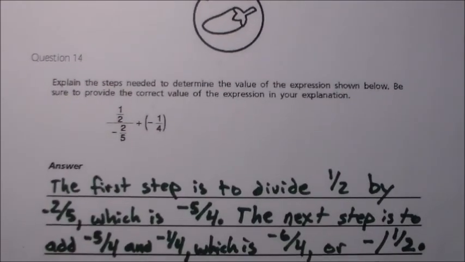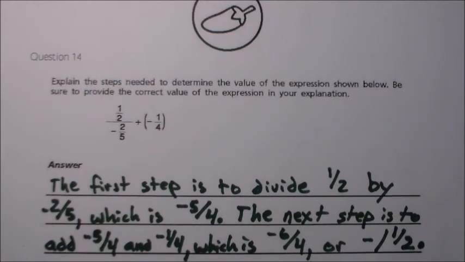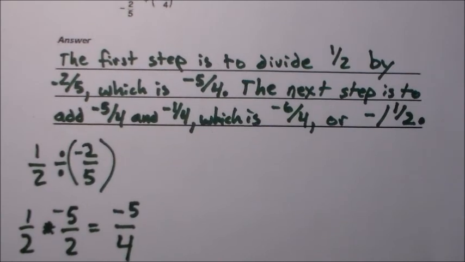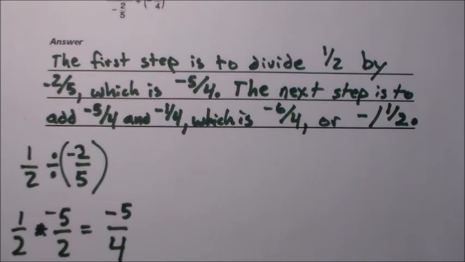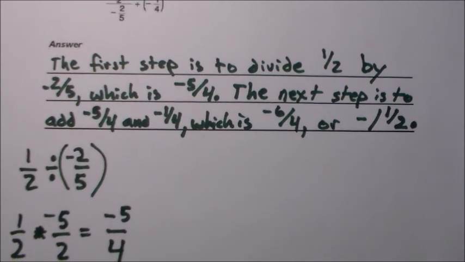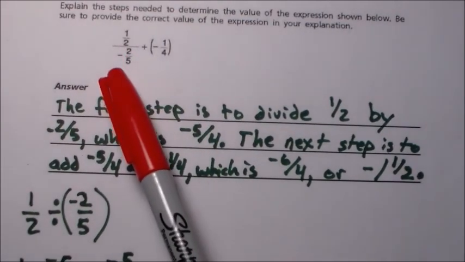The first step is to divide 1/2 by -2/5, and I'll show you how I got the answer, which is equal to -5/4. The next step, now I have -5/4. So now what are you going to do?